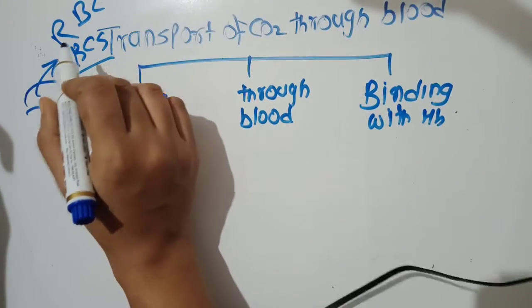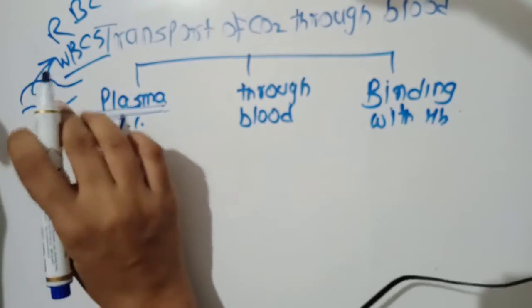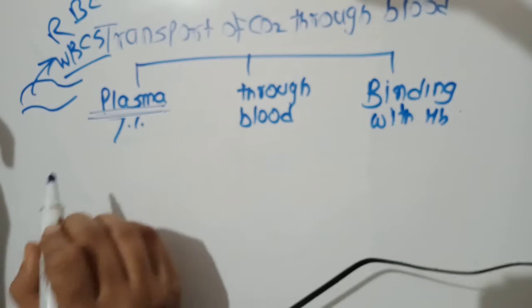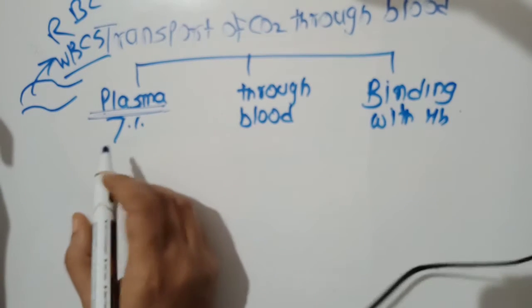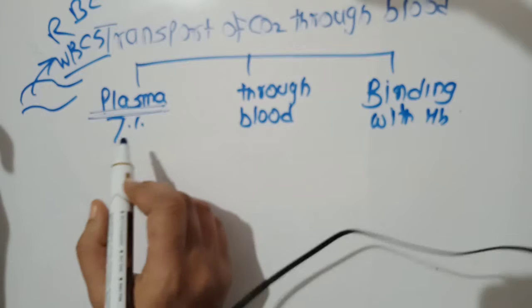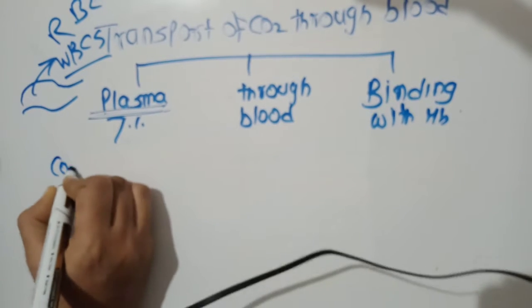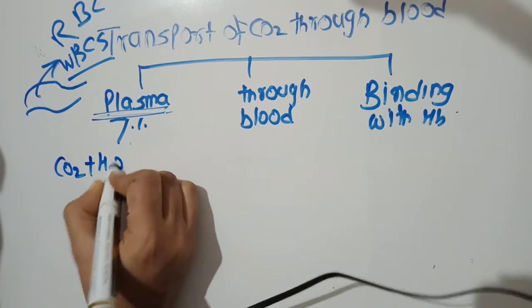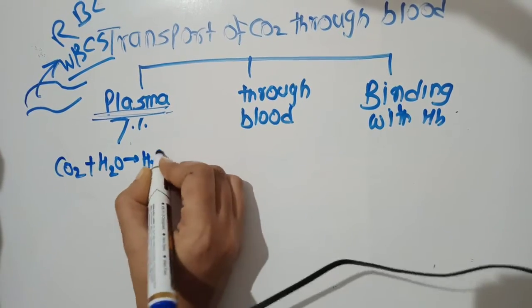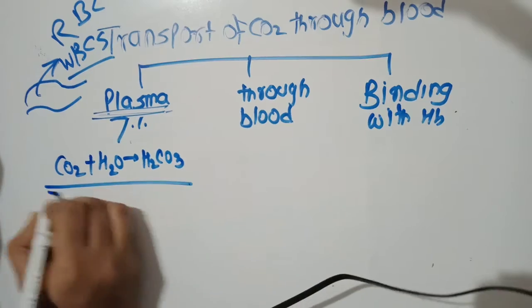If you remove all the RBCs and WBCs, everything, what remains is just a fluid containing some clotting factors and some proteins. This yellow fluid is called plasma. So only 7% of carbon dioxide gets diffused into the plasma, and the reaction takes place, H2CO3 is formed, carbonic acid is formed.